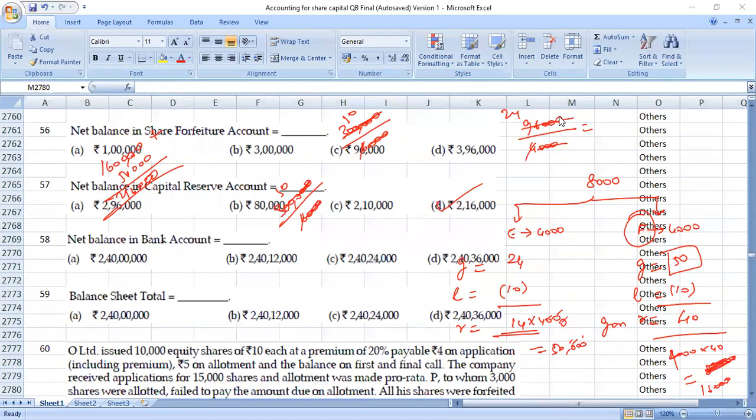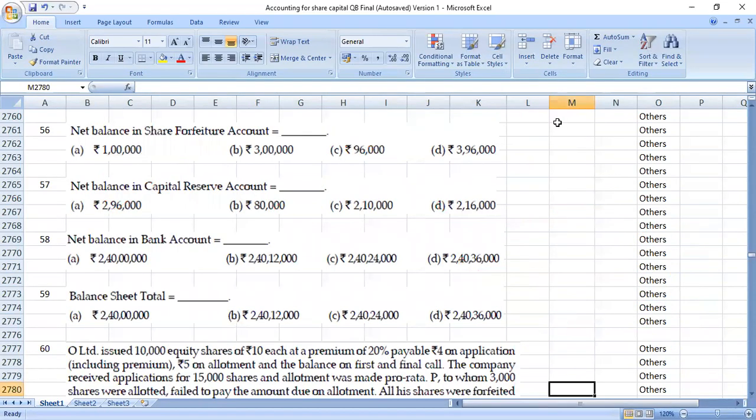Now the net balance in bank account is the total amount of money received. Okay. Amount received from E, 96,000. Amount received from F is 6,000 shares into 70, 4,20,000. Already calculated.